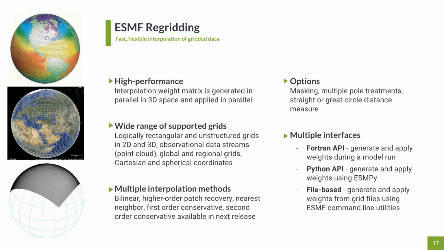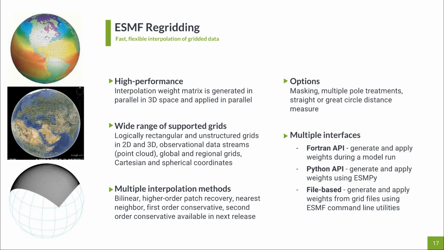There's a wide range of supported grids, logically rectangular and unstructured grids in 2D and 3D. For observational data streams, we can handle both global and regional grids, and we can go between them. And the coordinates supported are both Cartesian and spherical.